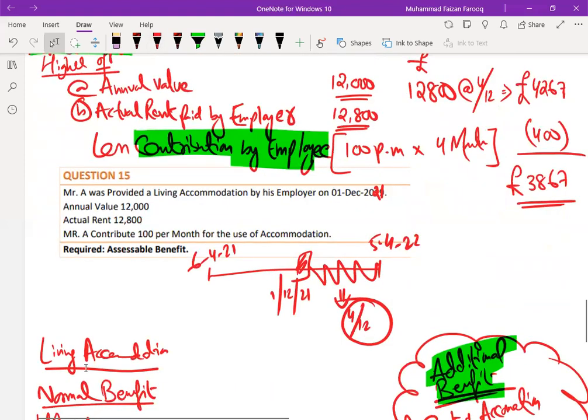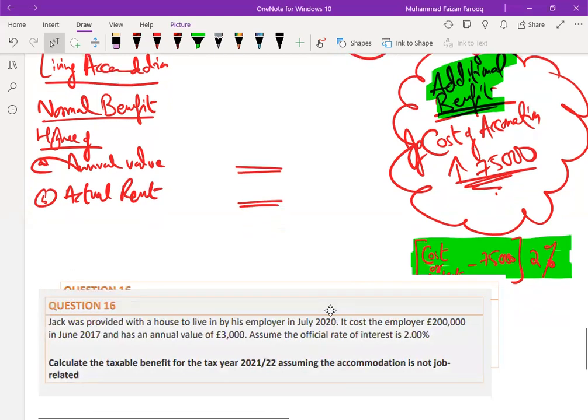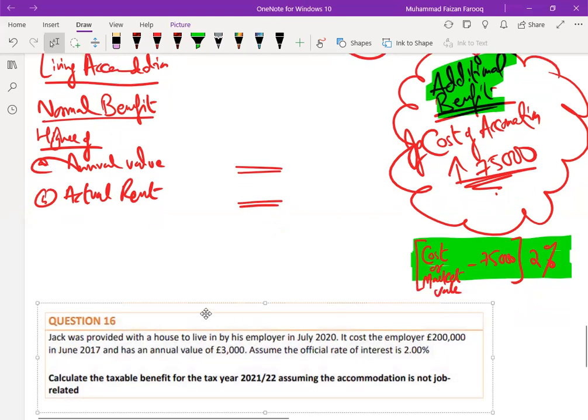Because the cost was not mentioned, right? But if the cost is mentioned in the question, the cost must be greater than what? 75,000, and only then do we have to calculate additional benefit by using this formula. The formula is cost or market price, anything. We will discuss it later on, whichever is taken, minus 75,000 into 2%.